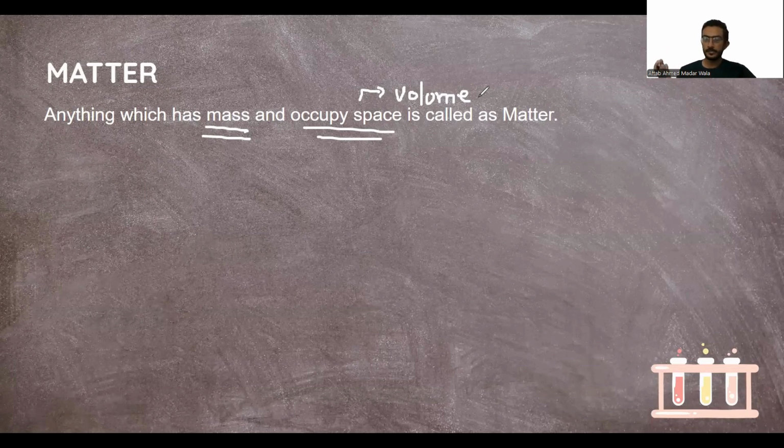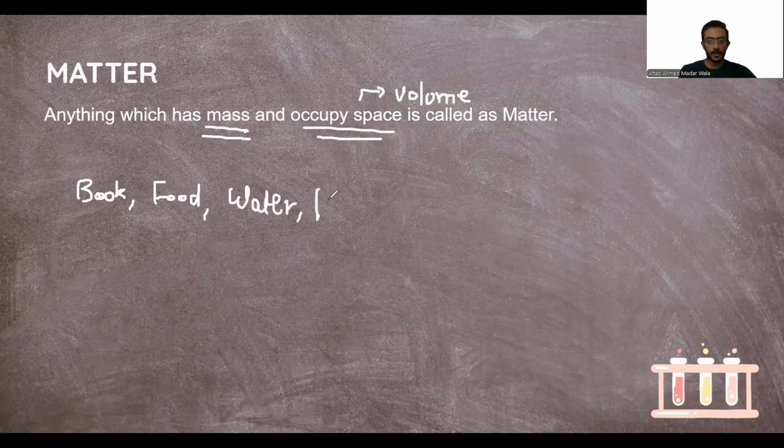Anything which has mass and occupies space, that means it has some amount of volume, is called matter. As simple as that. Okay, so we'll write a few examples: the book, the food, the water, the air, etc. So anything which has mass and occupies space is called matter.